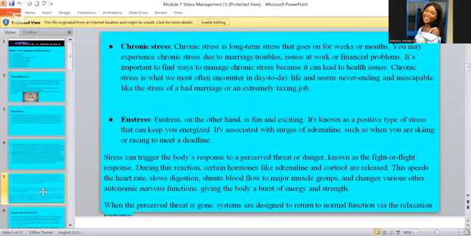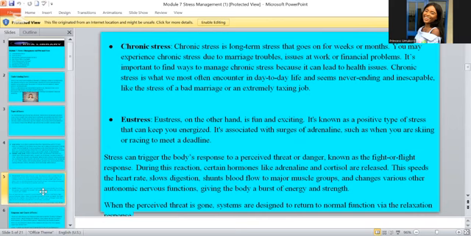We have chronic stress. Chronic stress is a long-term stress that goes on for weeks or months. And you may experience this kind of stress if you're going through marriage troubles, issues at work, or financial problems. It's important to find ways to manage chronic stress, because it can lead to health issues.